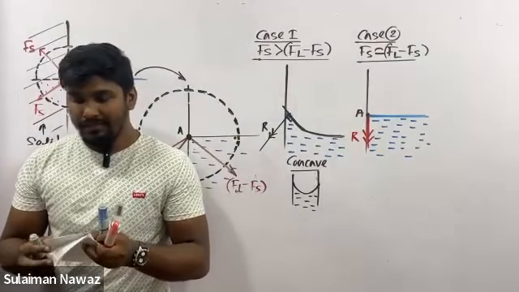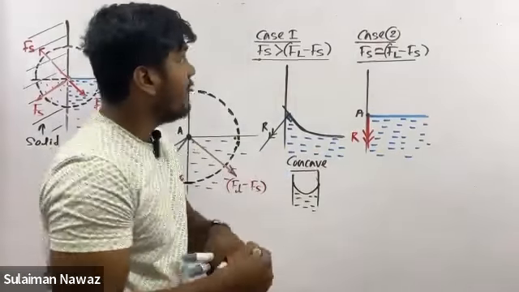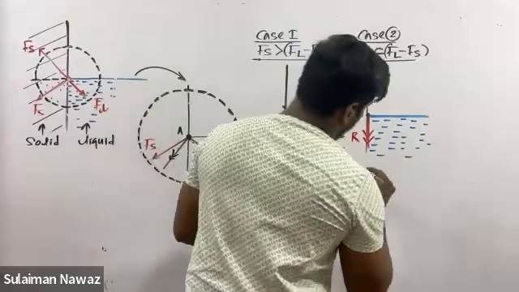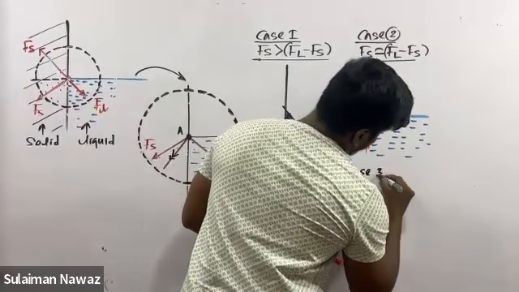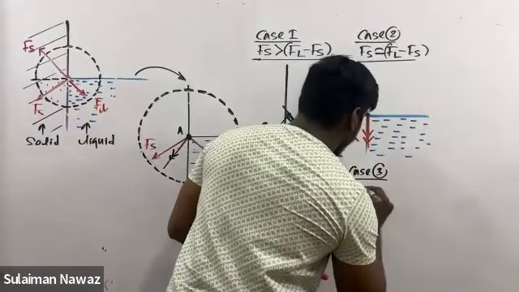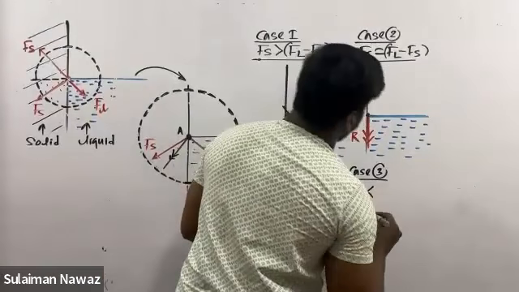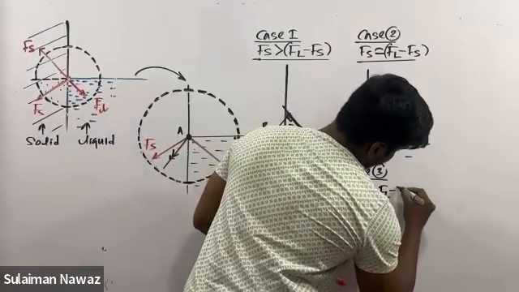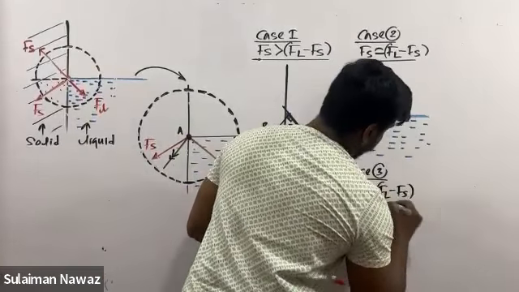Now, case number 3. Fs is smaller than FL minus Fs.